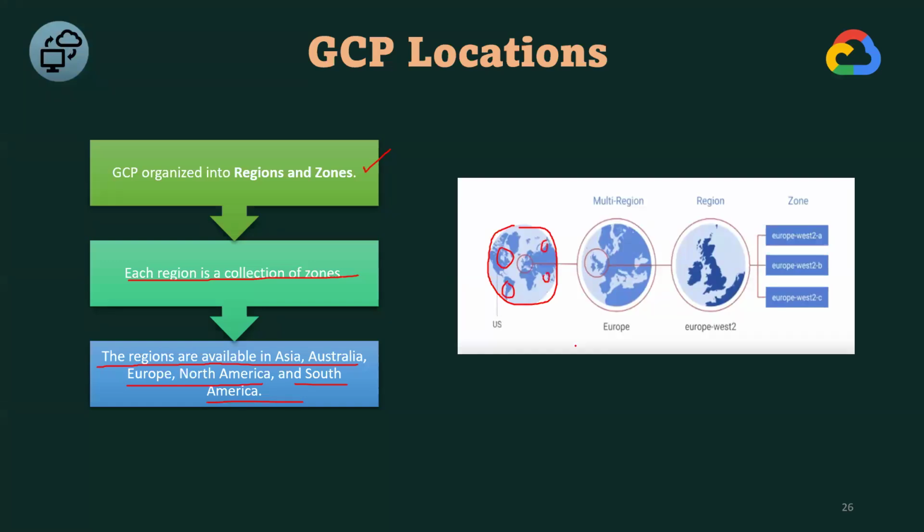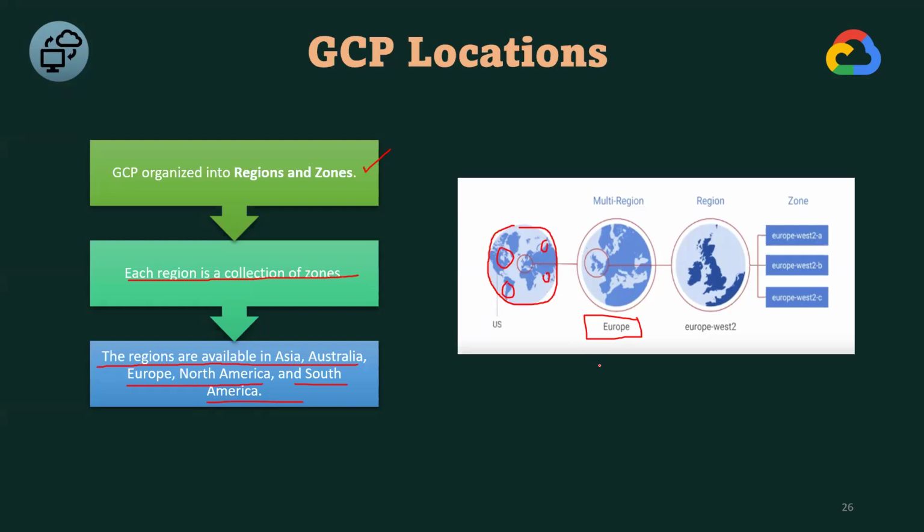Total 5 locations are there. I'm taking one of the locations, that is Europe. Europe will have multiple regions. That is the reason Europe is called a multi-regional location. That means it will have multiple regions.